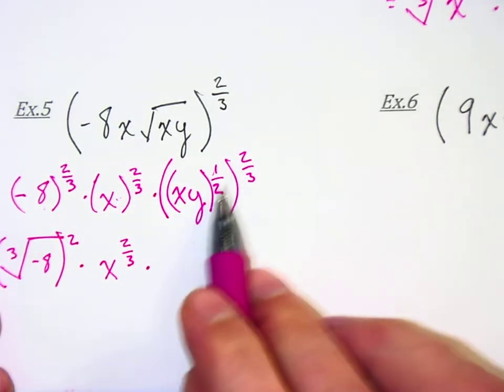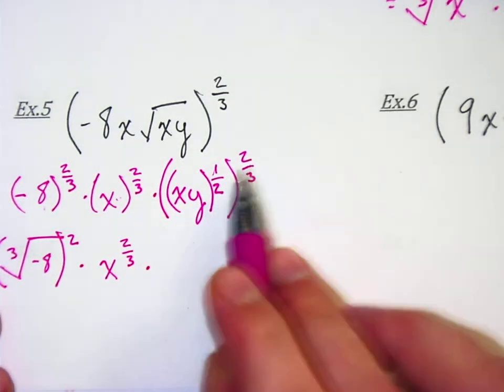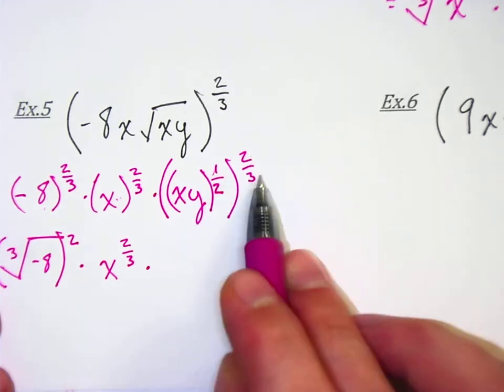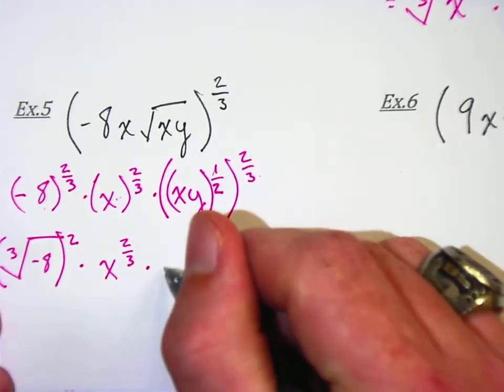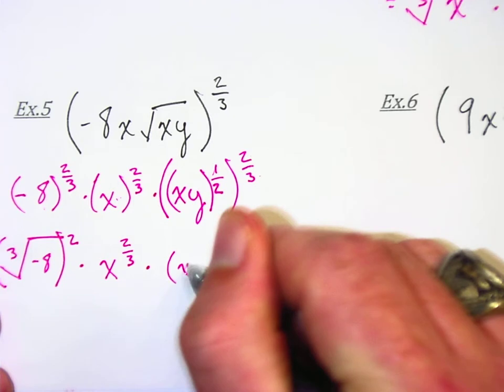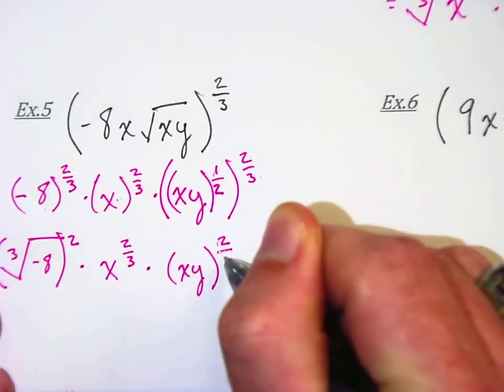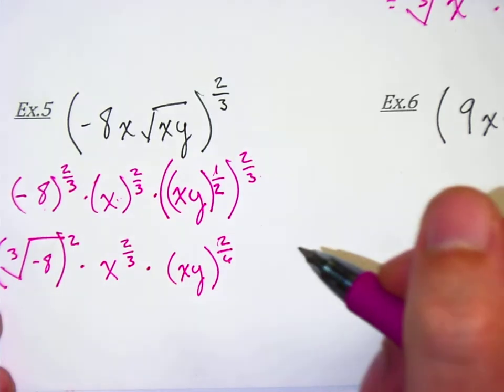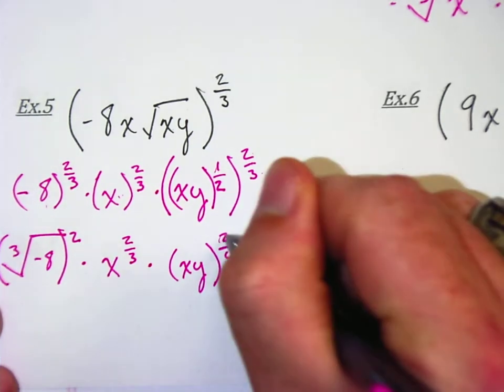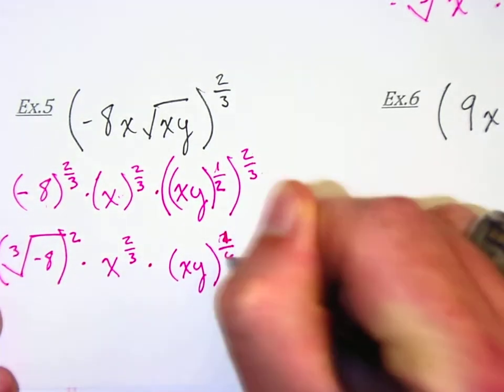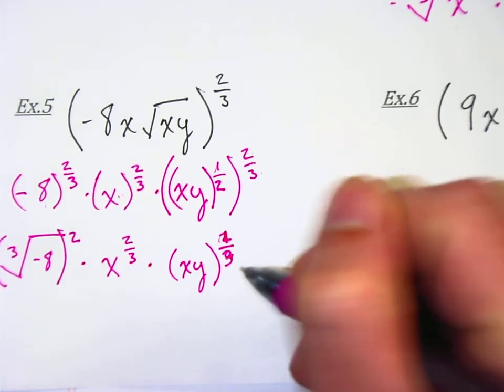And then power to a power, I multiply and get 2 over 6. So this is going to be xy to the 2 over 6, which reduces to 1/3. So let's just write it, since it reduces, as 1/3.